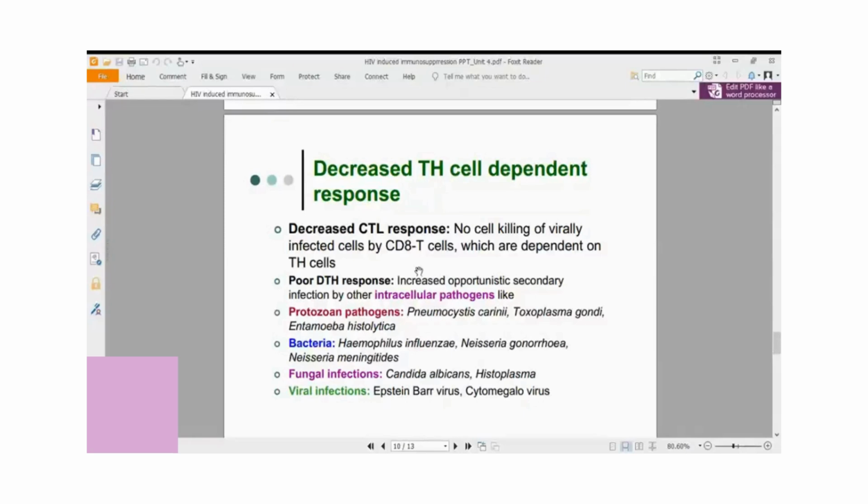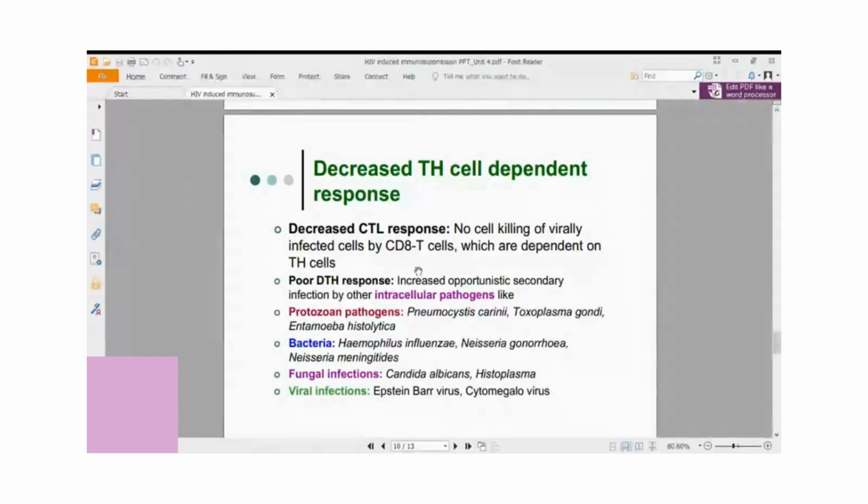And cytotoxic T lymphocytes are responsible for identifying the cells that are infected by the virus, which is an intracellular pathogen, and cause the killing of that infected cell. Here, the CD8 T cell population has to increase in number to bring about this mechanism of cell killing.